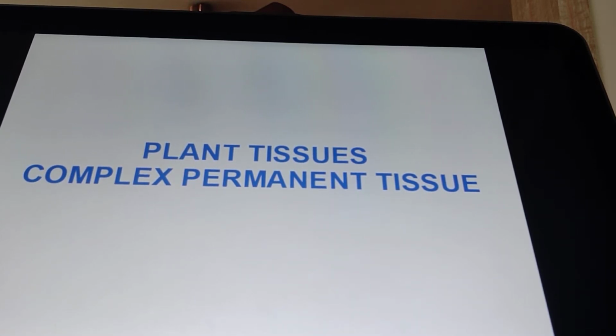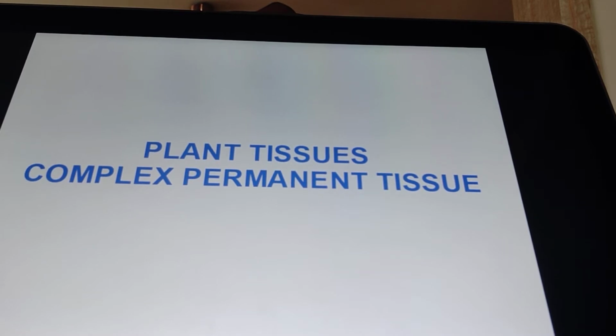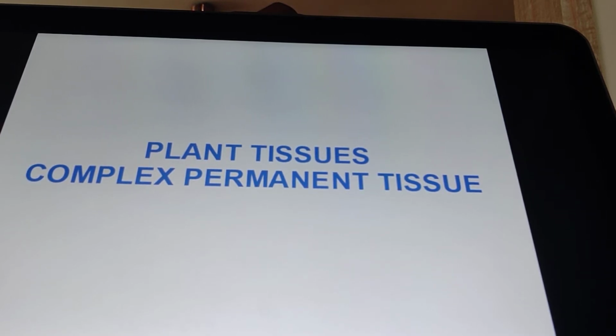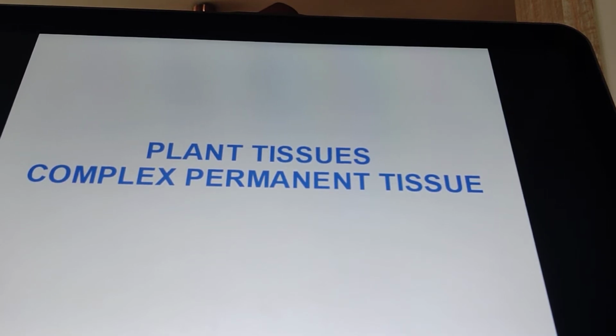In plant tissue, we have already discussed the meristematic tissues and permanent tissues. We have also seen that permanent tissues are subdivided into simple permanent tissue and complex permanent tissue. Today we are going to study complex permanent tissue.